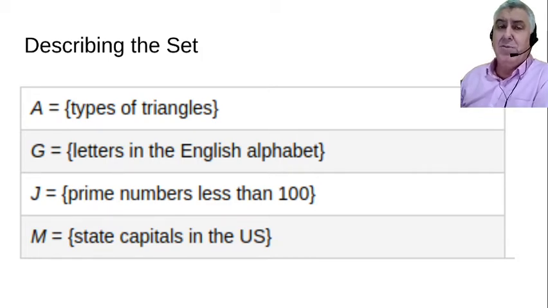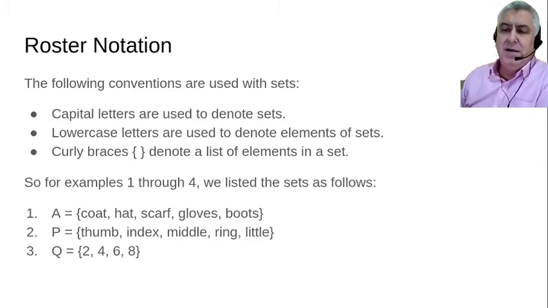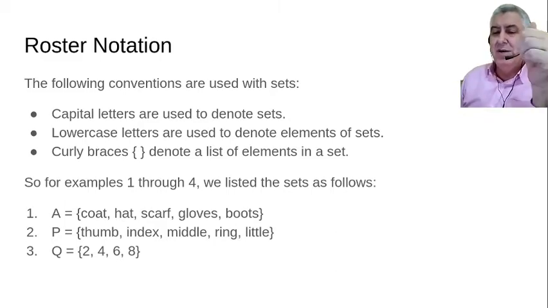The other way that we use most of the time is roster notation. We're going to learn a lot of notation in these next 2 days. We always use capital letters to talk about the sets.